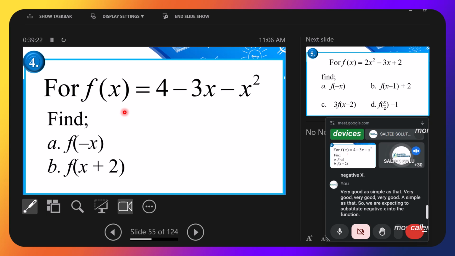That makes negative x the domain, and when we substitute, it should produce a function that gives us the codomain or the range. So do we have any value for it? Someone can tell us using the mic. Others can also put it in the message or comment section, if only you can type the mathematical symbols as well.